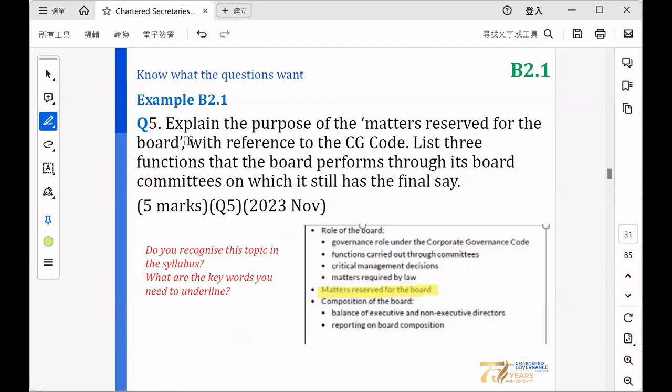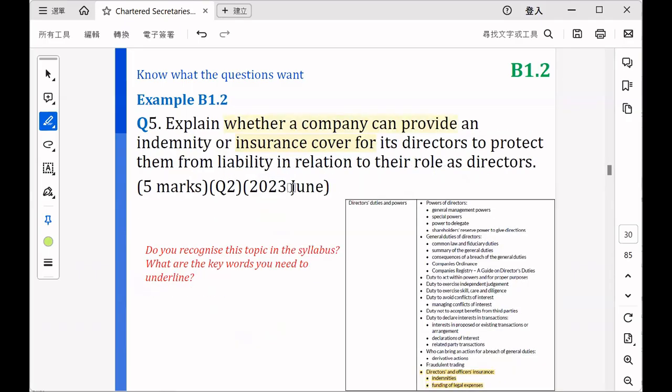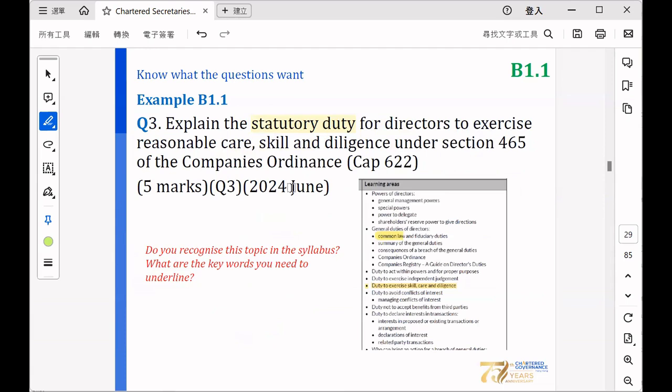Somewhere there, again, reference to CG code. I think this one is a reference to the company ordinance, but not the CG code. So when you revise, you need to see the important things.